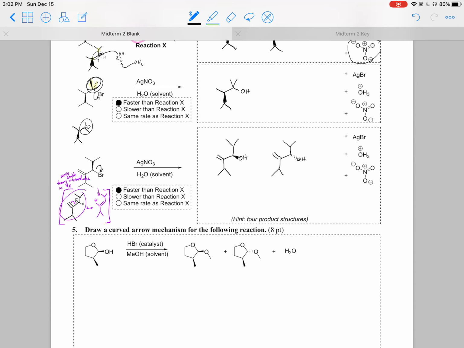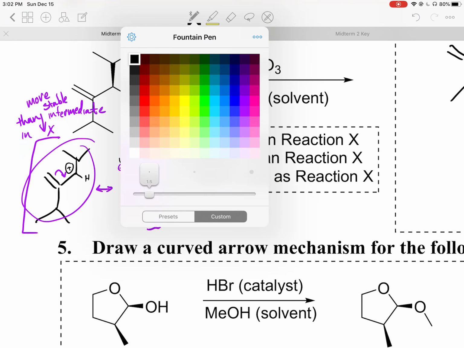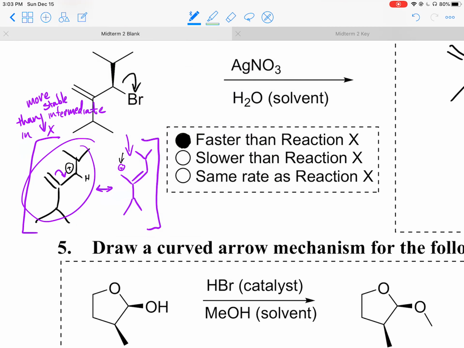But like we said, there's resonance going on right here where there's a carbocation. And so instead of the water attacking right here after the bromine leaves, we can instead have the arrow pushed and then the OH2 attacking here at the same time.